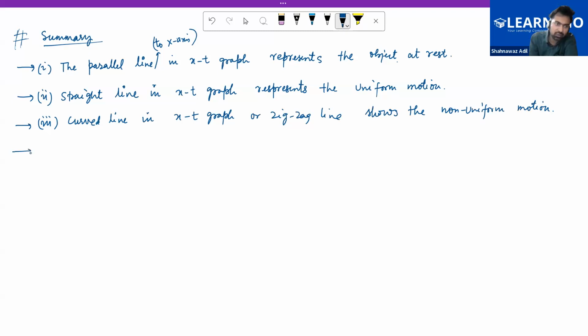And the fourth point is that the slope of the xt graph gives what? It gives the velocity of the object.